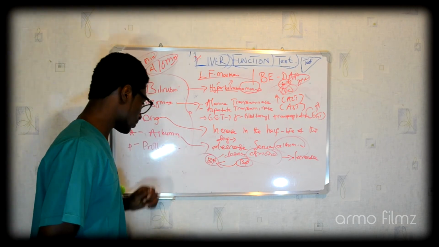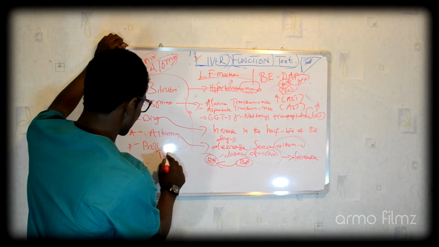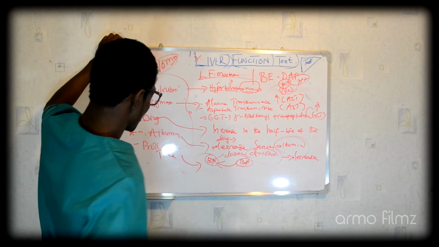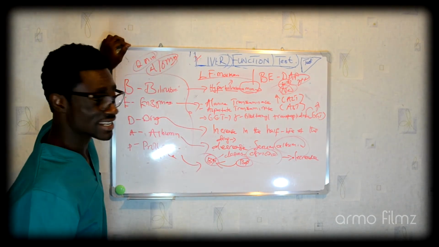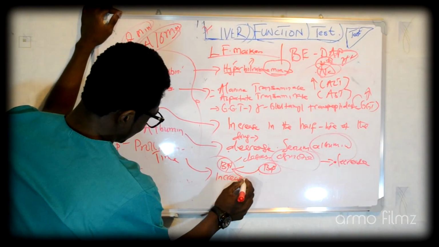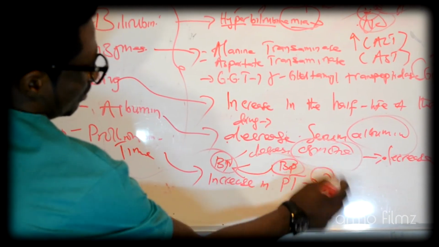All right. The next one is prothrombin time, PT, right? Not physical training though. It's prothrombin time, you know. All right. If the liver is affected, there will be an increase in PT, right? Why? Understand?